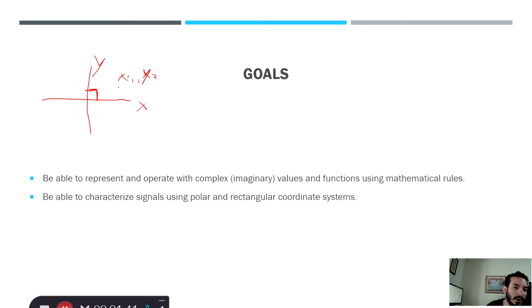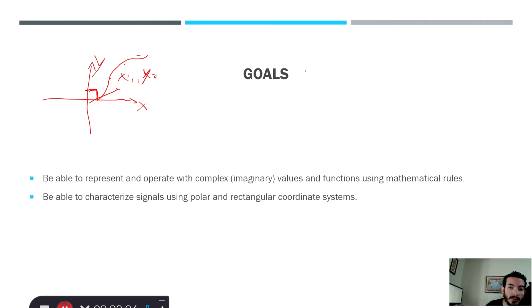The point is that a single value here can be characterized with a coordinate in the horizontal and the vertical direction. This is very useful because we can generate slopes and characterize a curve depending on different values. So this is widely used in mathematics.